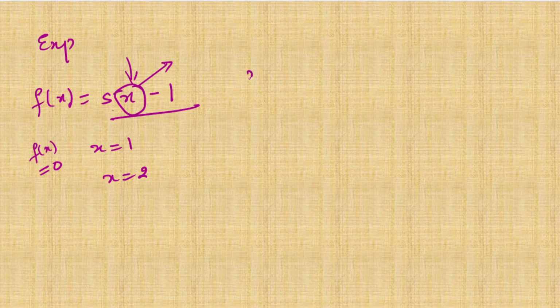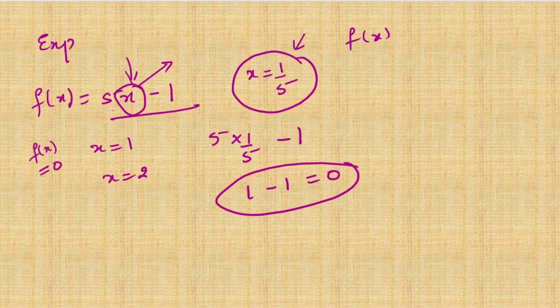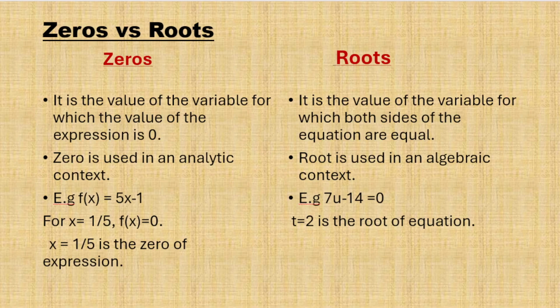Like if you put x equals 1 by 5, then 5 into 1 by 5 minus 1, so your expression will become 0. The value of the variable for which your expression becomes 0 is known as the root of the expression. Here we are discussing the most important topic related to expressions and equations, that is roots and zeros.